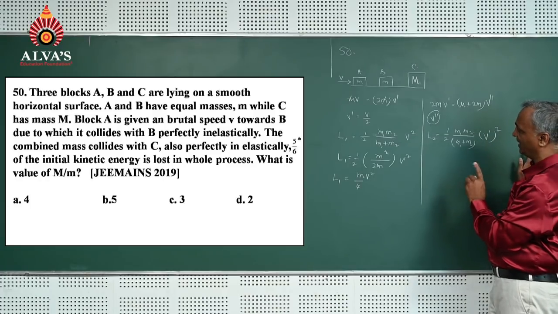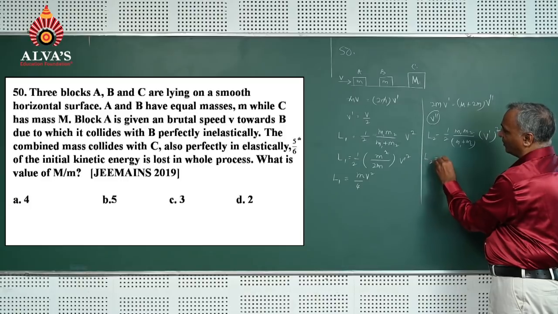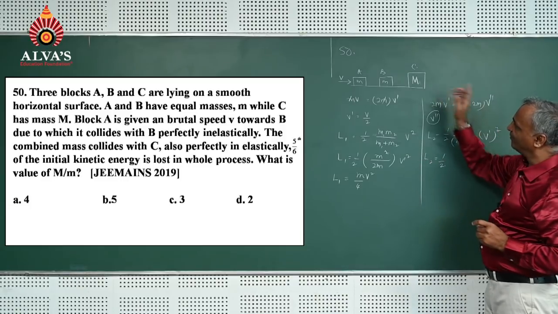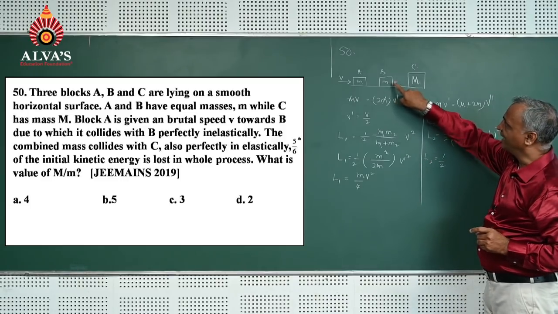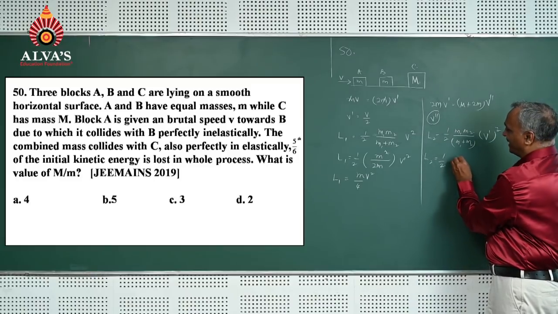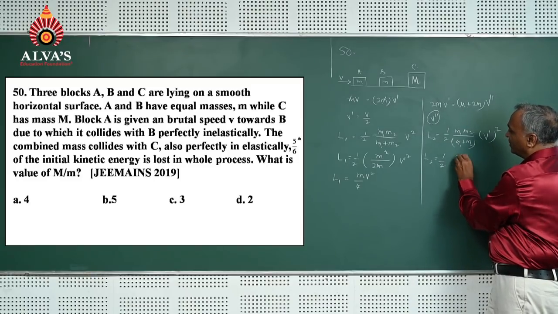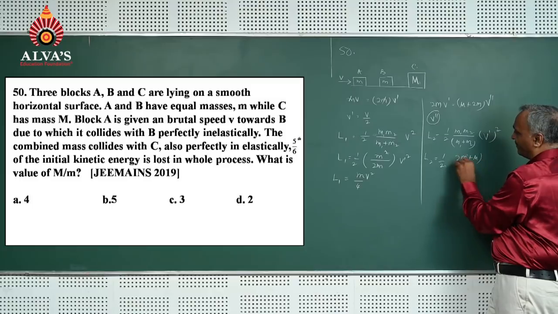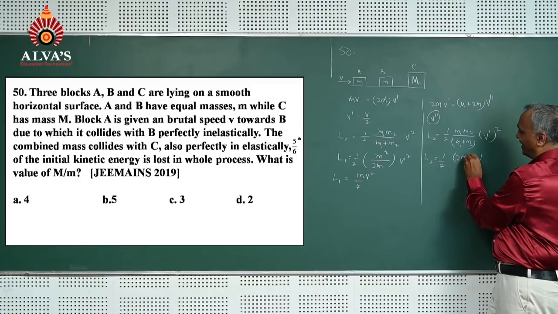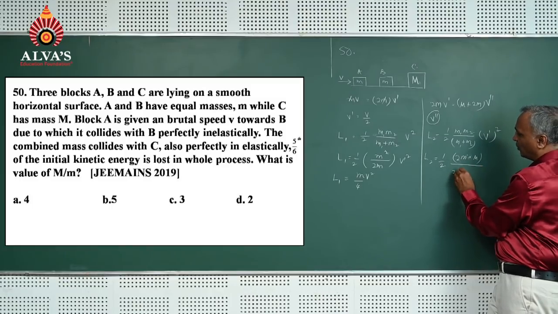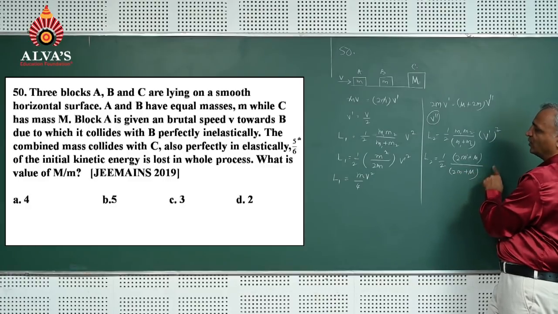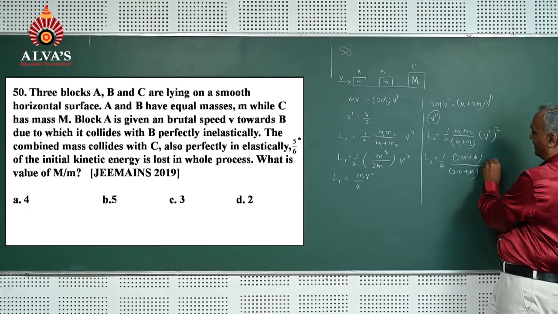So L2 will be equal to half, m1 is 2m, m2 is capital M. So it becomes 2m into capital M divided by 2m plus capital M, and this into v dash square, already we have calculated, v by 2, so it is v square by 4.